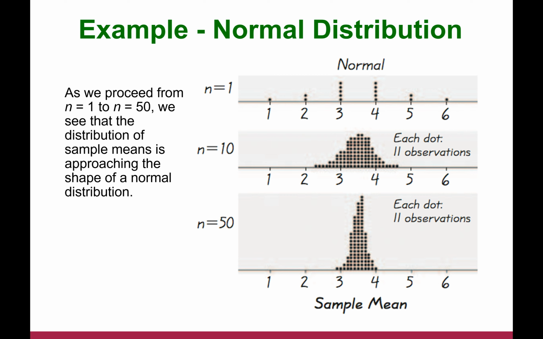And this is how the distribution looks as the sample gets larger. As we progress from sample size equal to 1 all the way to 50, as you can see, the distribution looks fairly flat at first. When the sample size becomes 10, it becomes slightly better. And when the sample size becomes 50, we get a much better approximation, a better shape of the normal curve or bell curve.